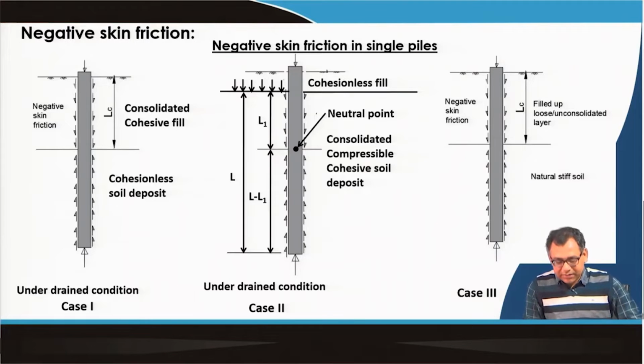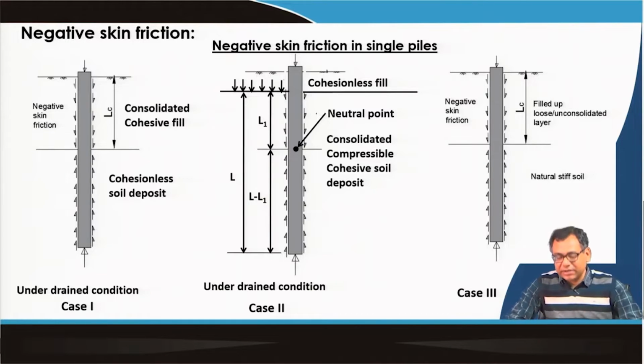That is one condition. In another condition, your natural soil is a very soft soil or soft clay, because it is cohesive soil, very soft, and you are applying a cohesionless fill over that. So, the cohesionless fill is placed over the natural very soft clay.